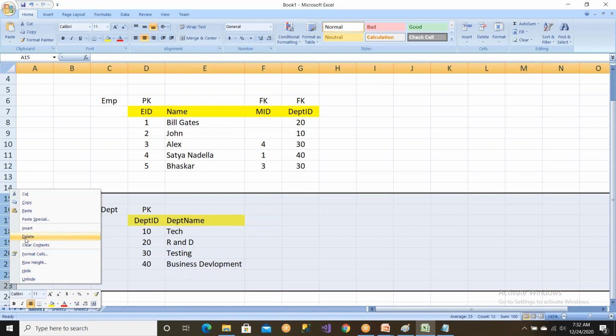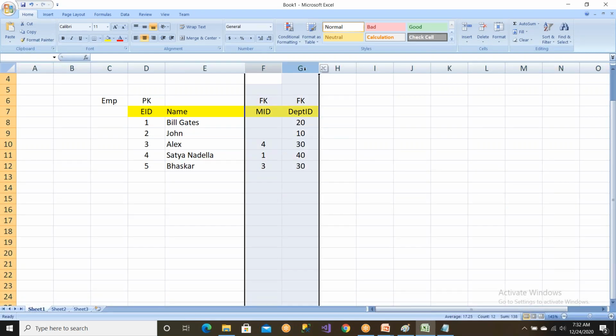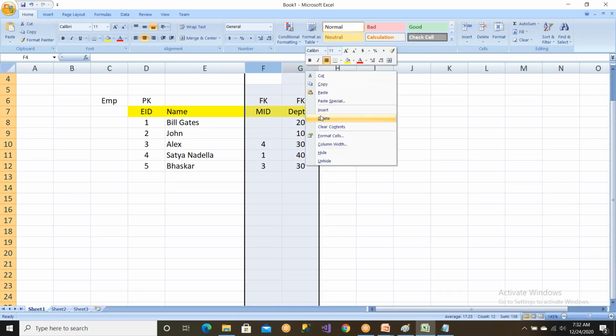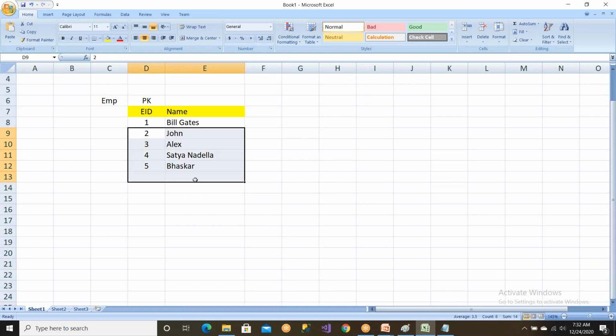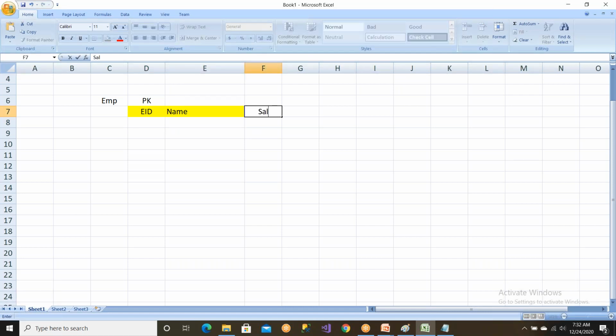I'm going to create a table called employee table. This is my table, and I don't have any data. Let me take one more column called salary. Now, I want an automatic number to be generated in the employee ID column.